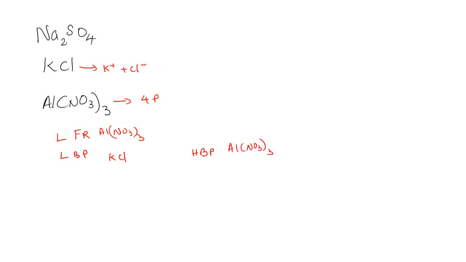Highest boiling point means the vapor pressure is going to be very low. And in the case of Na2SO4, it's going to be in between in all cases. So KCl will have very high vapor pressure and very low boiling point.